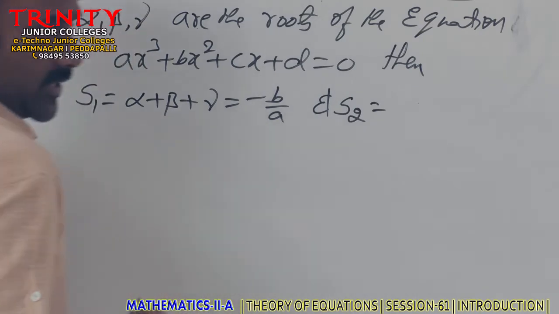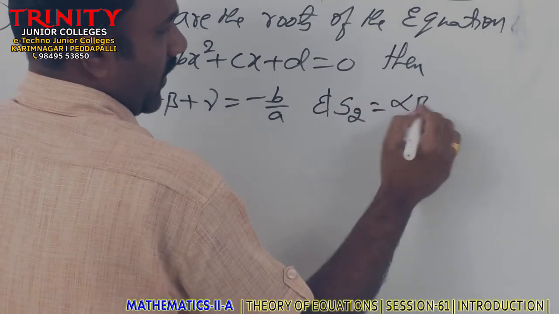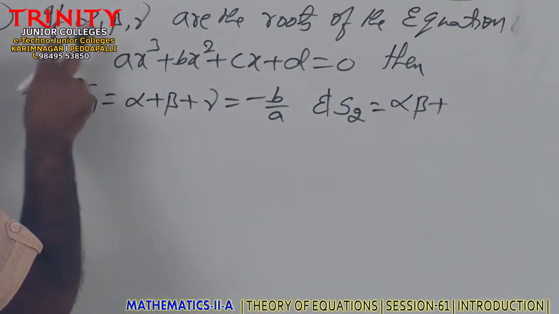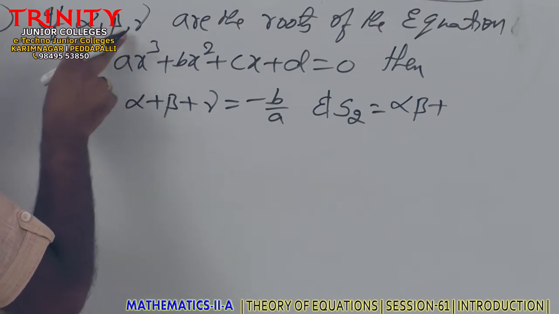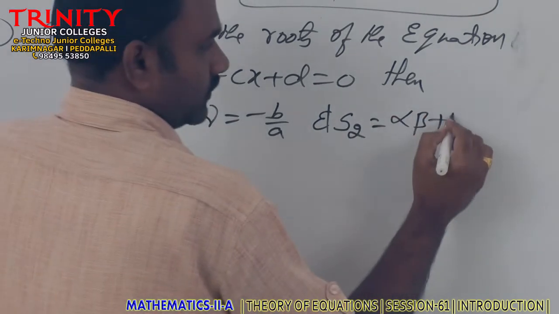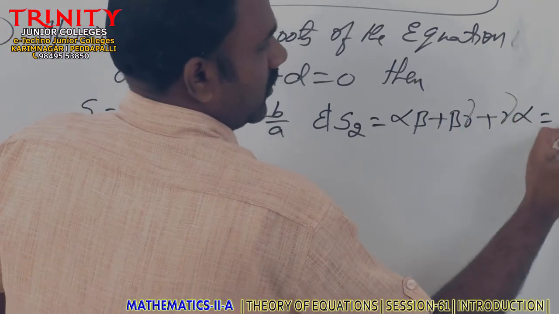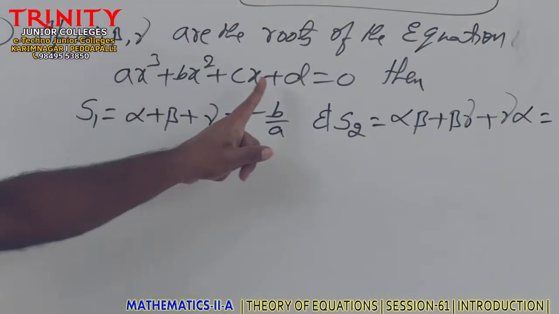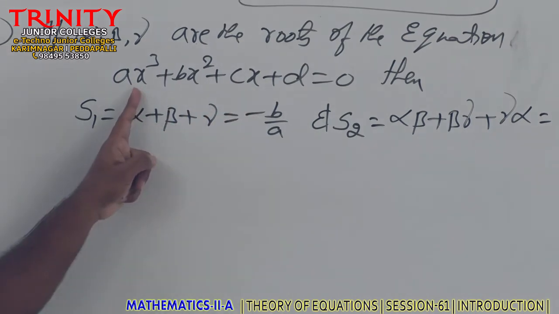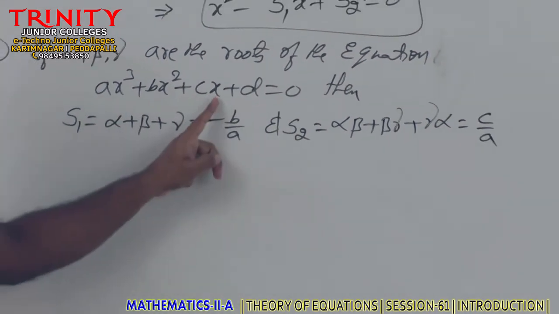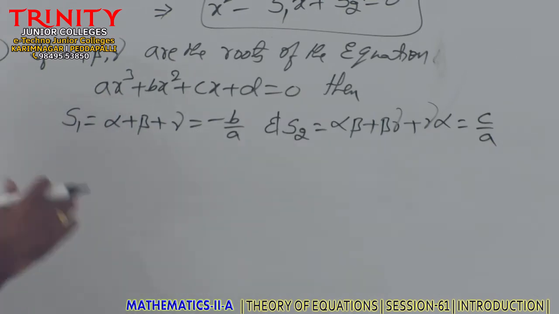S2, the sum of products of two roots, alpha beta, beta gamma, and then gamma alpha, that is alpha beta plus beta gamma plus gamma alpha, is equal to c by a. That is the x coefficient by the x power n coefficient, the x coefficient by the x cube coefficient, the highest power, one after another.